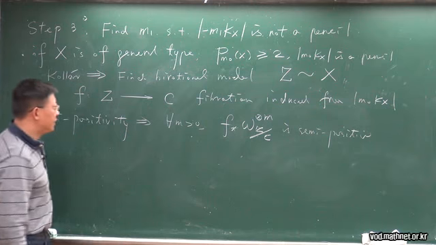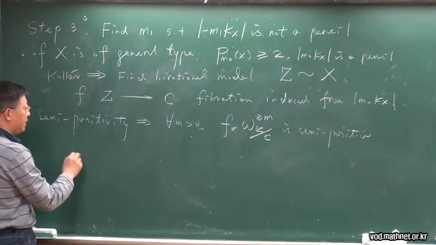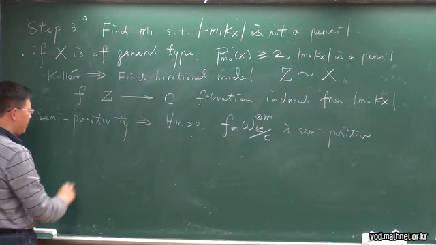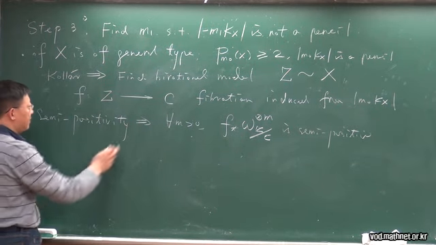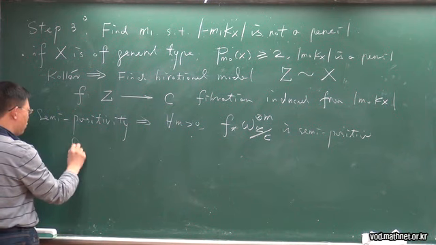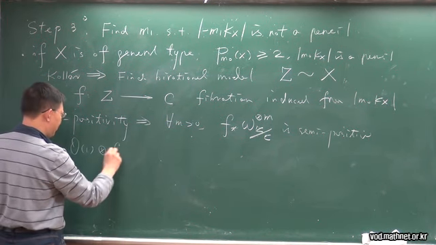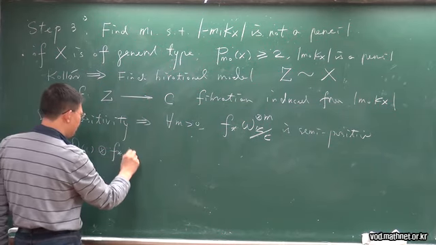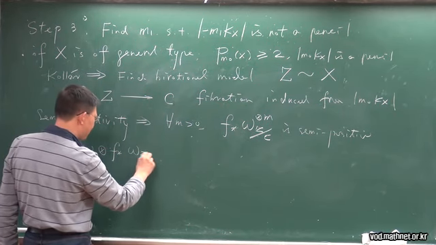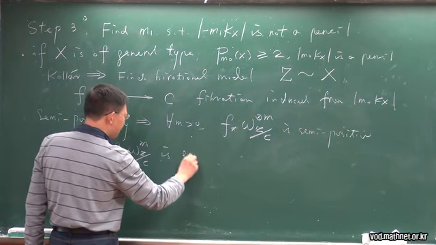Since this is semi-positive, you can take some polarization on C, say O1, times f lower star omega Z over C to the m. This is generated by global sections.